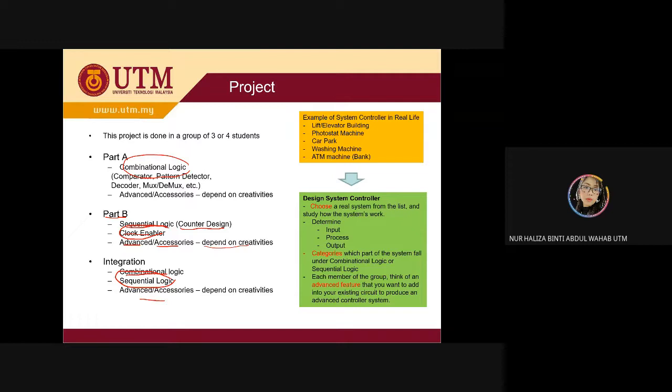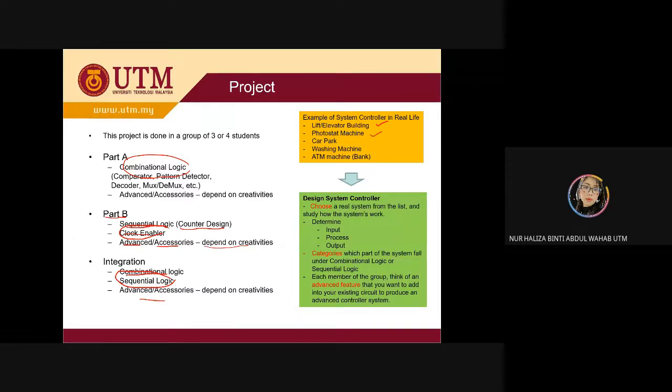Okay, example here, if you look at your right side, you have here a system controller in your lifetime. So you have several, like your elevator, what else?